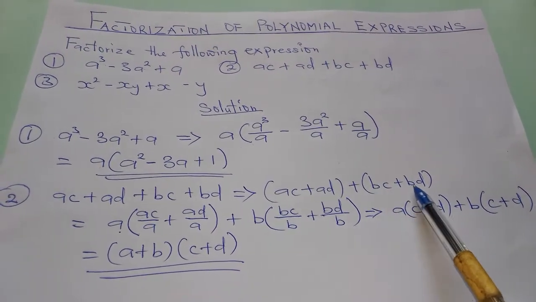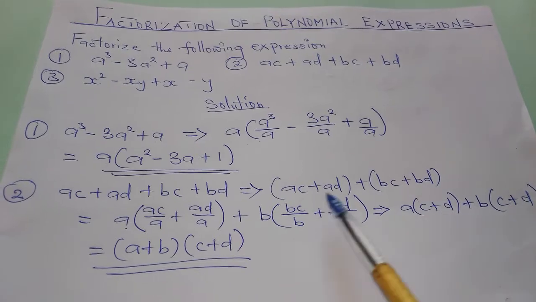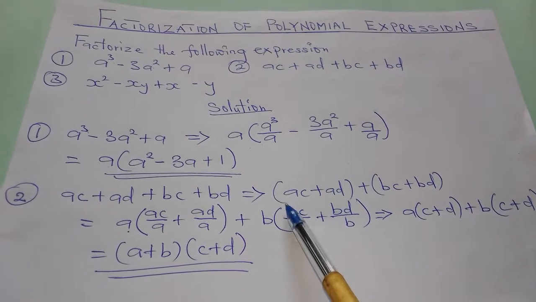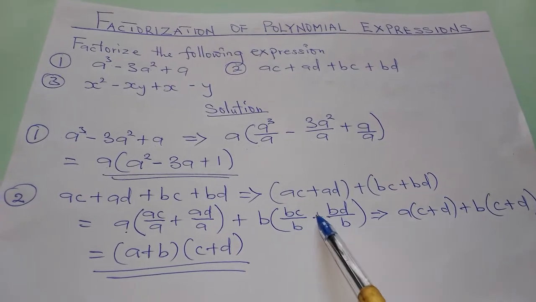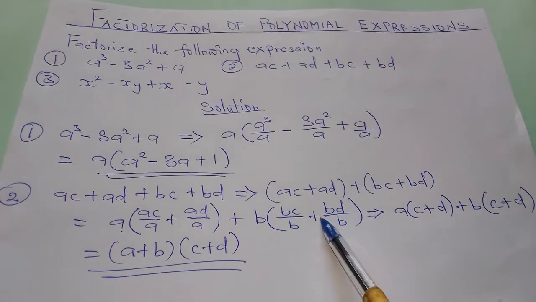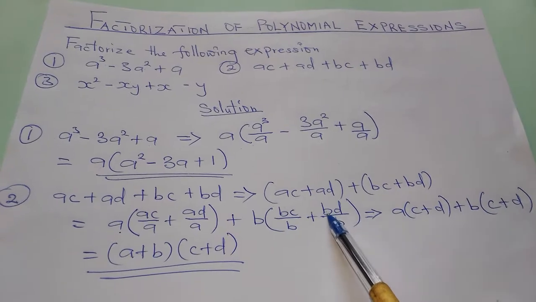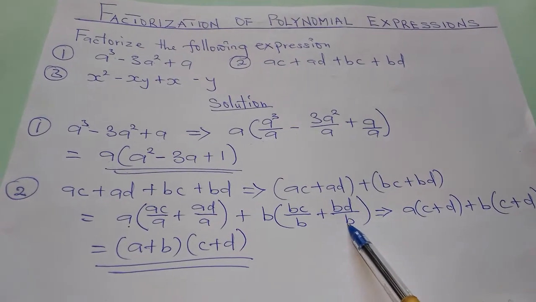The common factor in the second bracket is B. So bring the B out here, open bracket, divide this BC by B, bring this your plus here, divide your BD by B also.